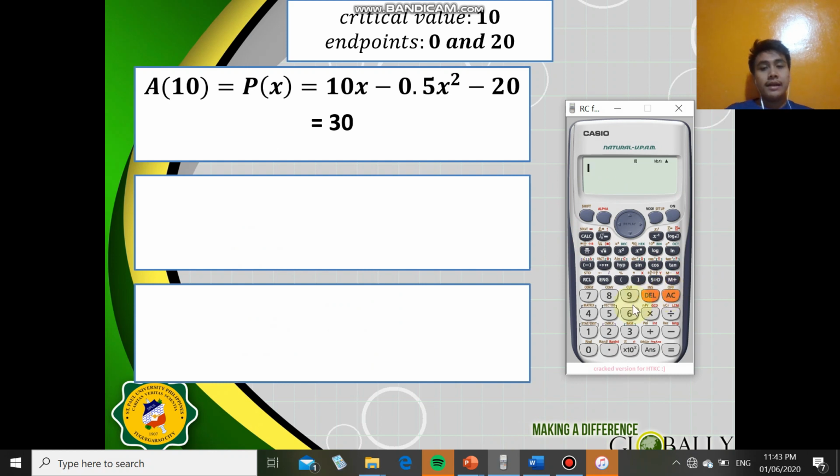Use 10x minus 0.5x squared minus 20, click calc and enter 10. Yes, this also gives us 30.